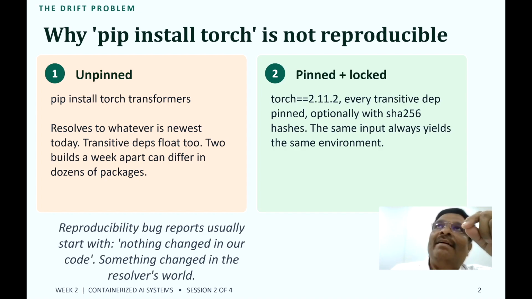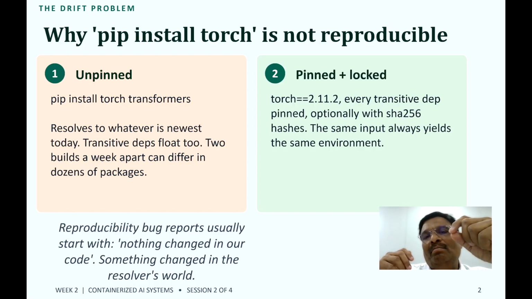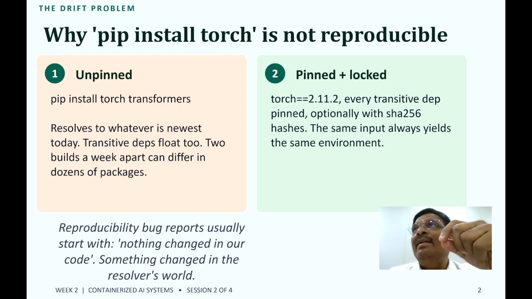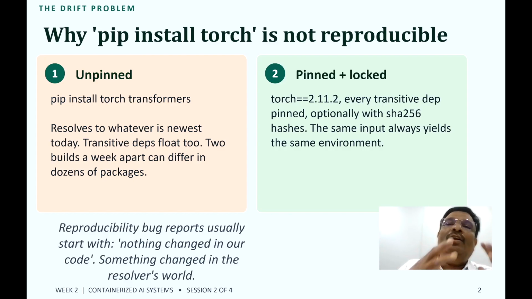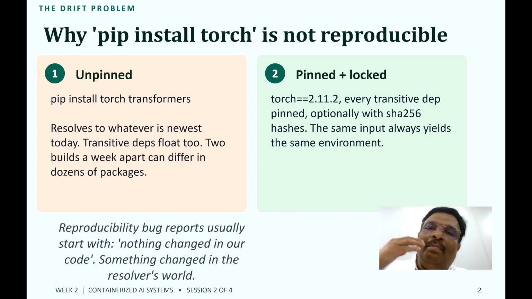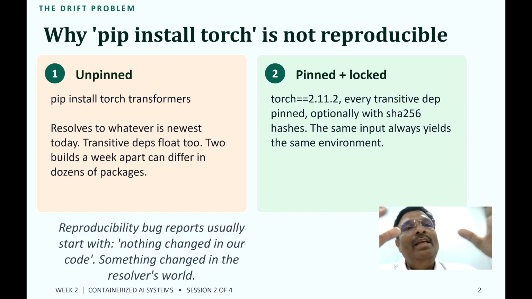Even after pinning, there might be situations where the same environment files are not there. We'll discuss this later, but for the time being, let's understand that we are going to pin and then we will lock. The basic idea here is that we need to solve this drift problem.